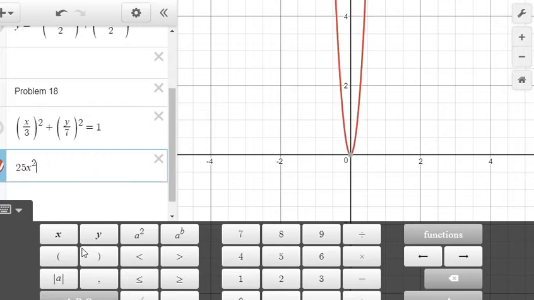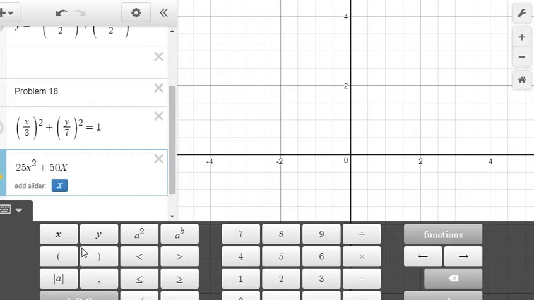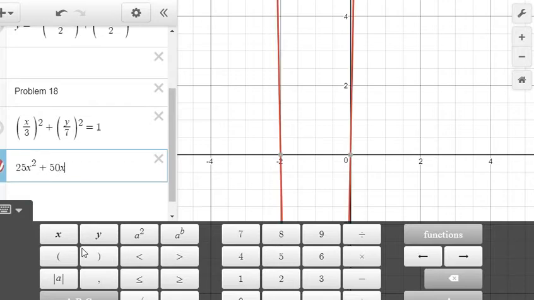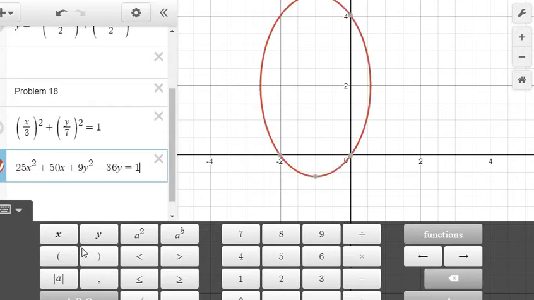You know, it's not going to like those because those are capitals. Sorry about this. Plus 50x, plus 9y squared, minus 36y, equals 164.